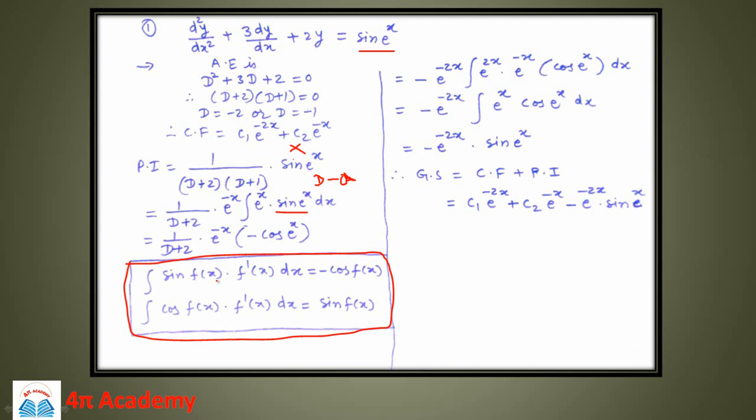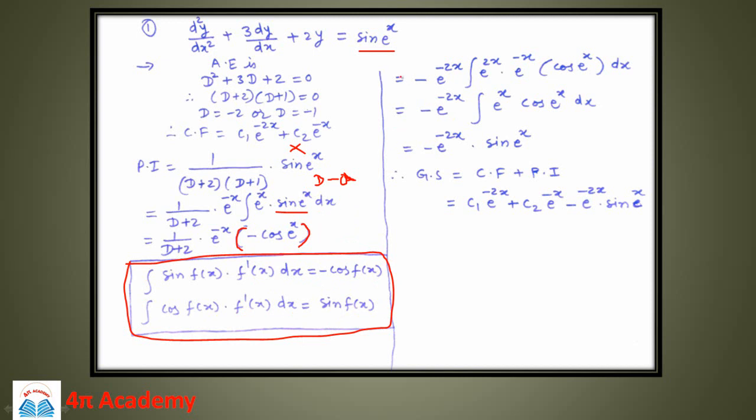So it is of this form, and therefore it will be equal to minus cos f of x, where f of x is e raised to power x, and this should be multiplied by 1 upon D plus 2 into e raised to minus x. For cos also there is a standard integral, that is the integral of cos of f of x into f dash of x dx, which should be equal to sine of f of x. So if you remember this integral, then it will be easy for you to solve the equation.